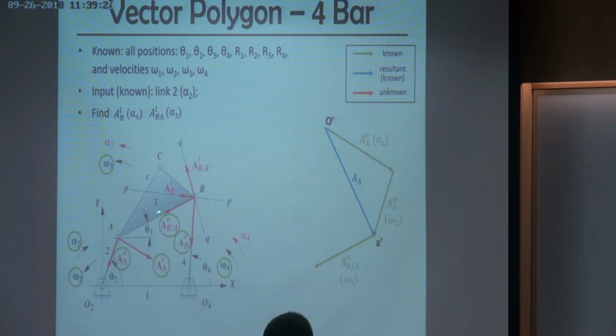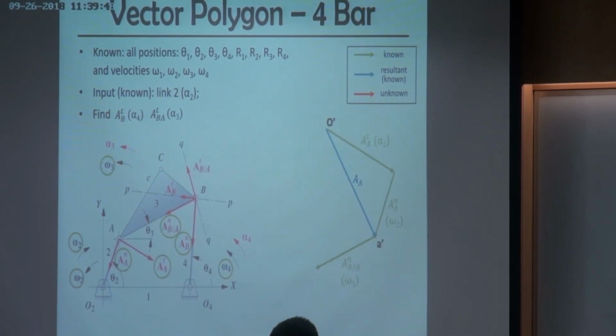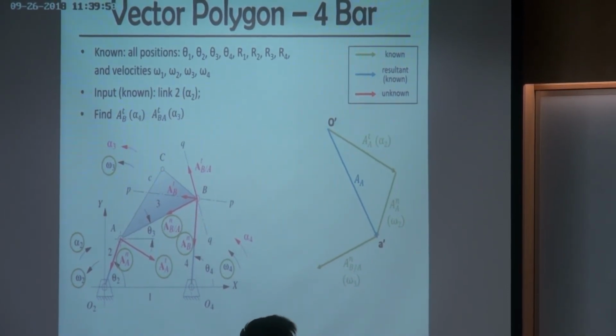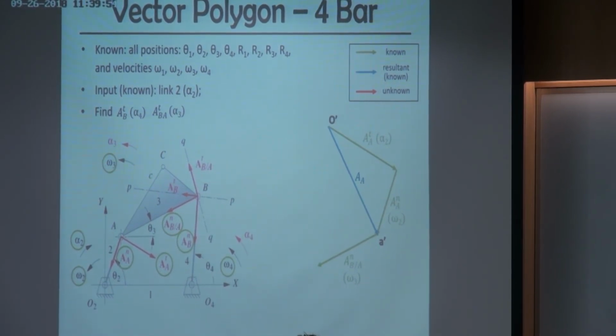And it's along the line AB. So this green one is the same as this one. The same direction, but I changed the magnitude a little bit to make it clearer. But this one is actually the same as this one. So here we also get this ABAN.